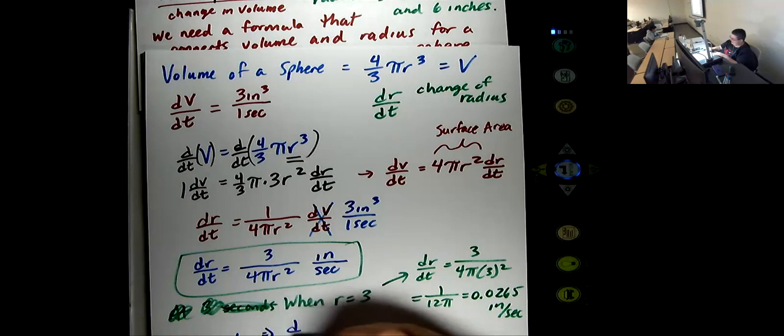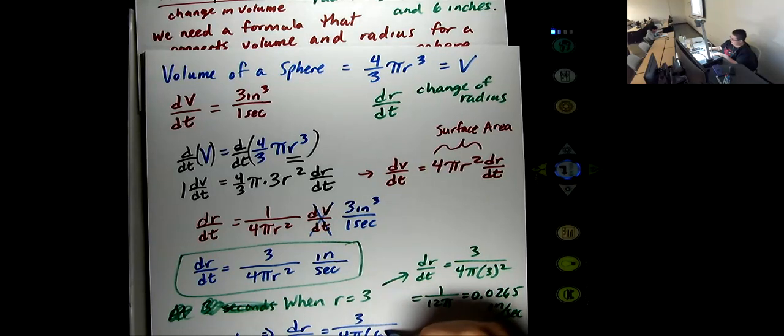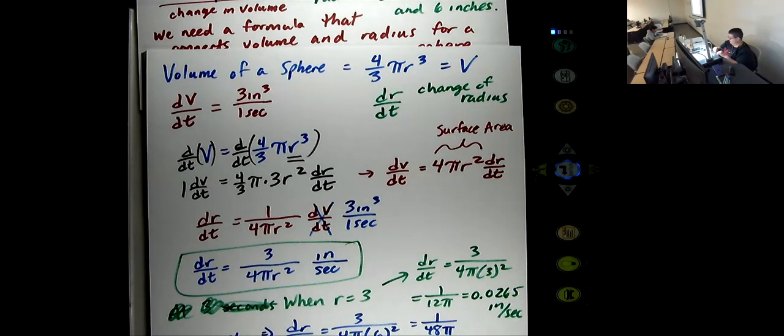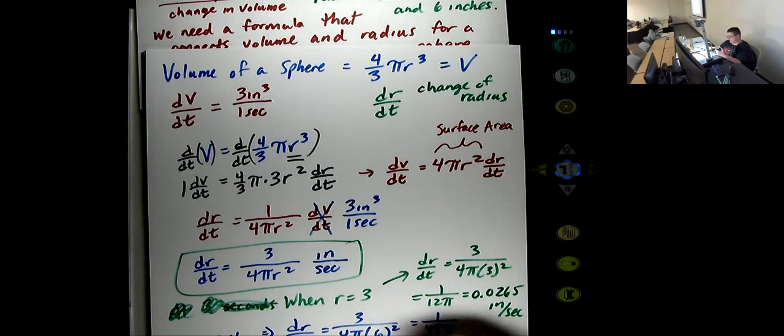For dr/dt, we're just replacing the r: 3 over 4 pi times 6 squared. 3 and 36 reduce to 12, so this is going to be 1 over 48 pi. 48 times pi, and 1 divided by the answer: 0.0066 inches per second.